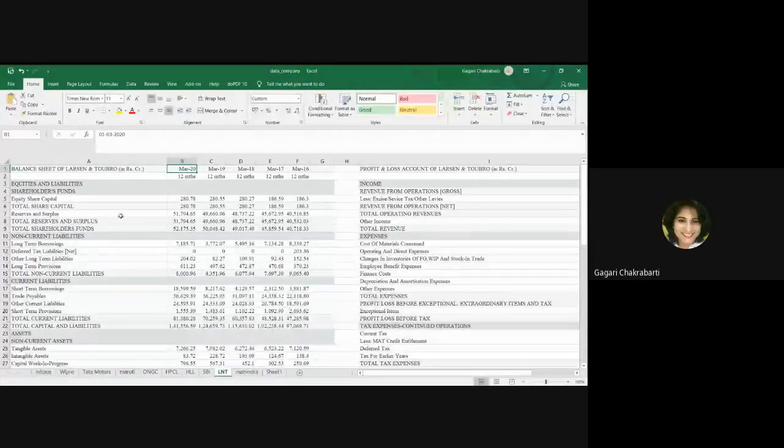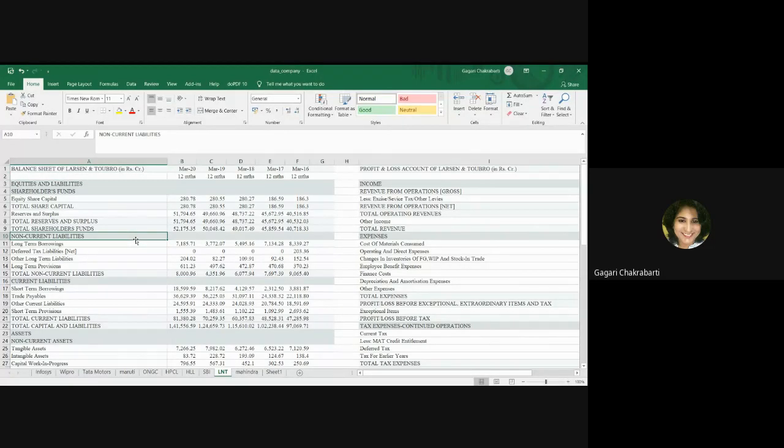So that will be the balance sheet and profit and loss account. Actually, I have 10 companies here, so I can show you, but of course that will not be done today.